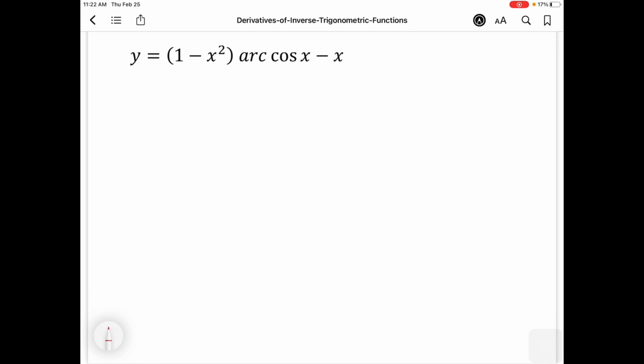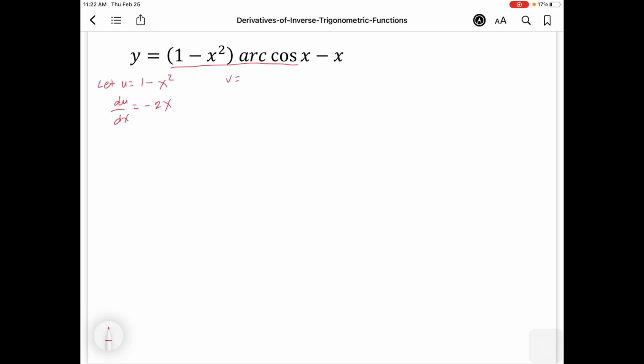Okay, the next is y is equal to 1 minus x squared tapos arc cosine x minus x. So in this case, apply tayo ngayon dito ng multiplication property sa part na to. So since meron tayong multiplication property, we have to let u is equal to 1 minus x squared, then du over dx is equal to negative 2x.